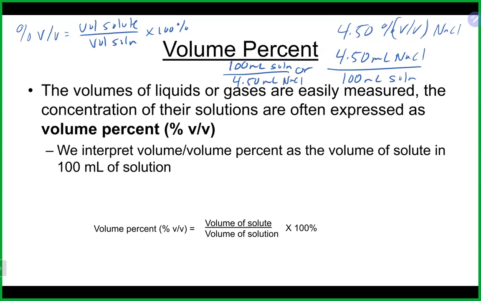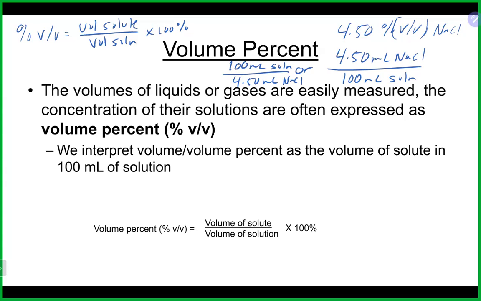So again, just like the other one, you can turn the percentage into a usable unit. The good news on this one is, unlike mass percent, in these types of problems they typically just give you the volume of the solution without you having to add the parts together. So very commonly on this one, you don't have to add the solute and the solvent like you do on the mass percent.